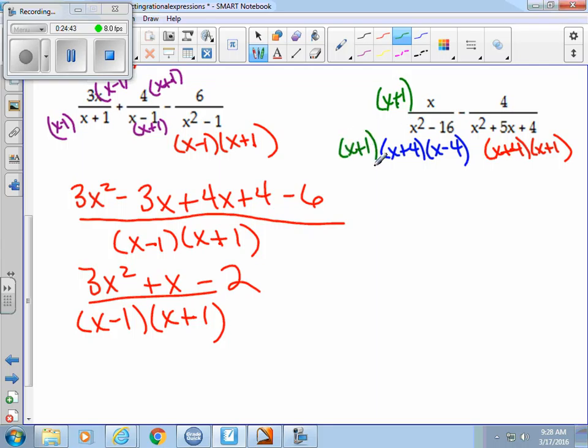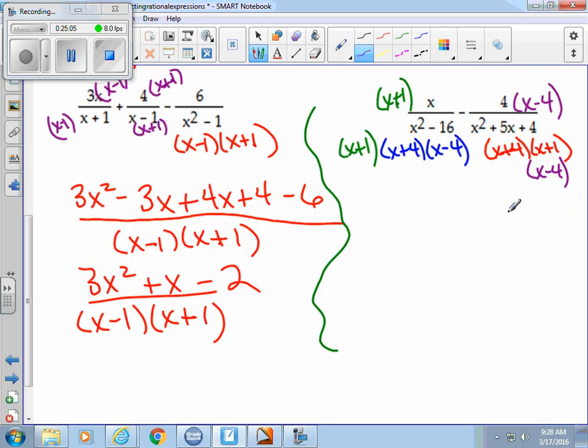Does that make sense? And what does the right-hand fraction need that the other fraction has? minus 4. You see how we're getting that? And Jessica, you see that?